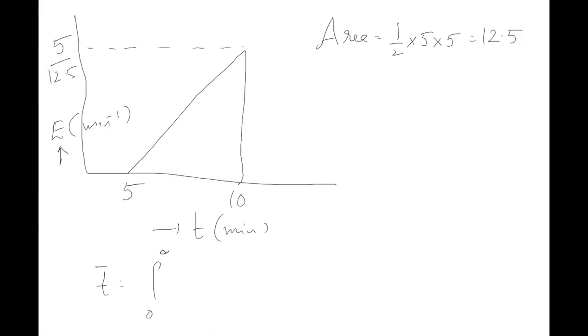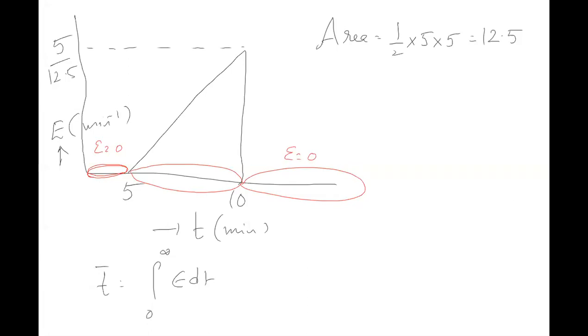Integral 0 to infinity of E dt. Suppose in this range, what is the E value? 0. In this range, what is the E value? 0. In this range, what is the E value? Is it constant or variable as a function of time? Variable.